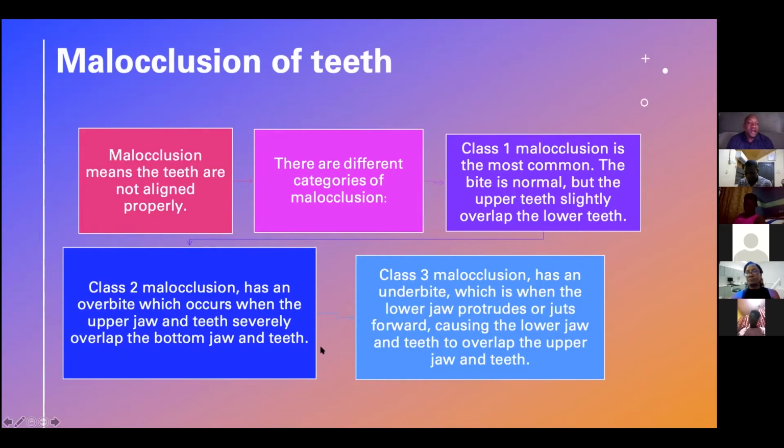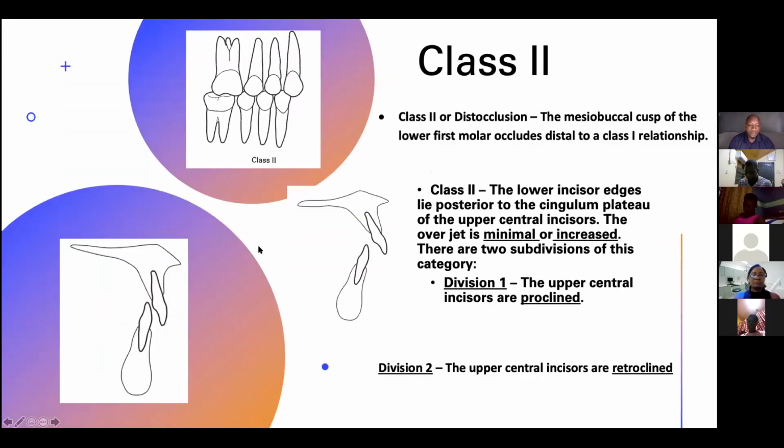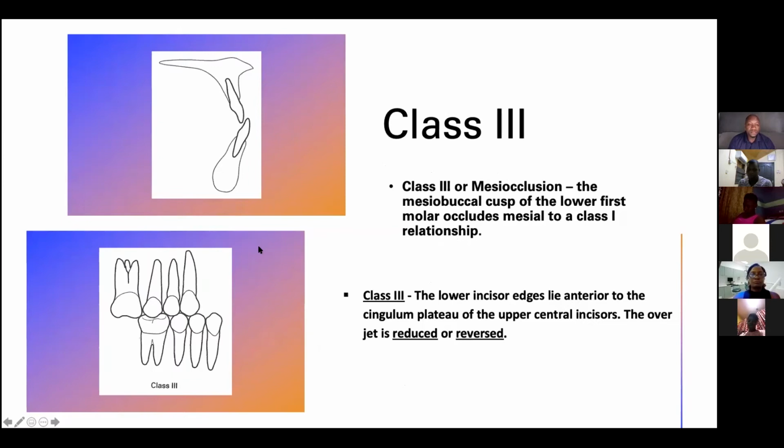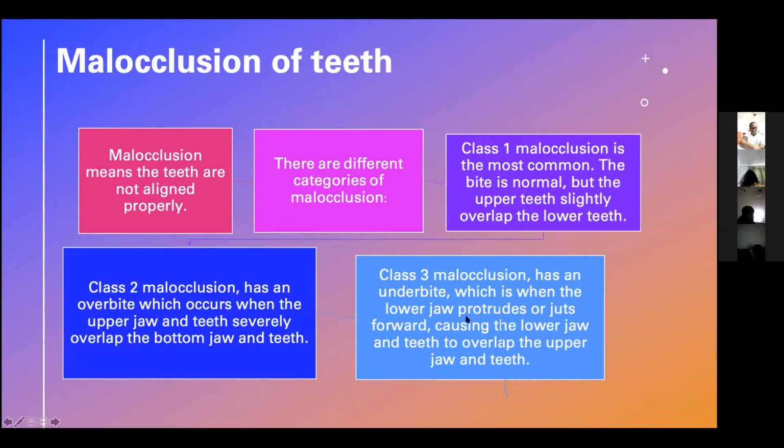So for class 2, we're looking at the upper teeth slightly protruding over the lower teeth. And class 3 malocclusion has an underbite, which is when the lower jaw protrudes or juts forward, causing the lower jaw and teeth to overlap the upper teeth and jaw.